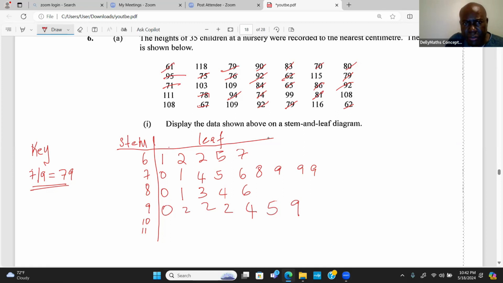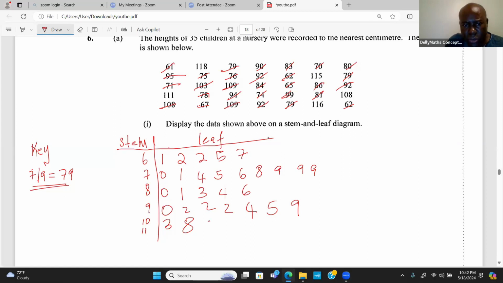All right, we're almost done. In the hundreds now, I'm not seeing 100, but I see 103 here, and 108 and 109 also. There's a 108 here, a 109 here, and another 109.